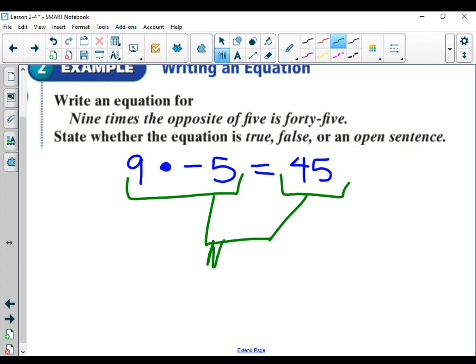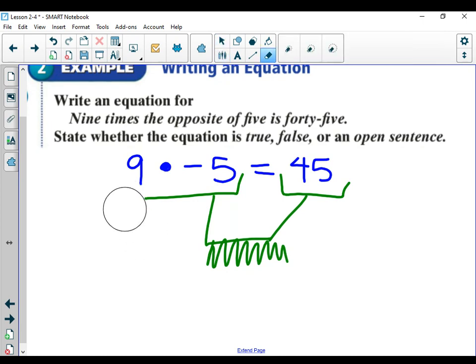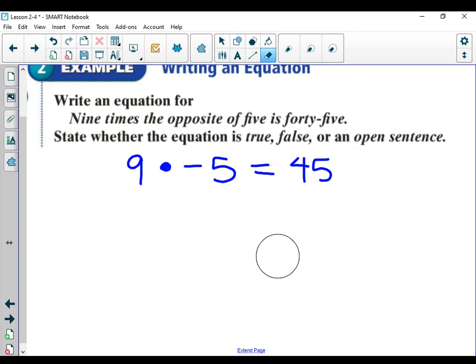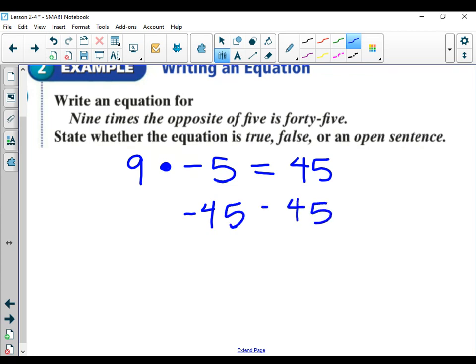Here's my balance. Is it going to balance out? A positive times a negative is a negative. Oh no. Not balanced.